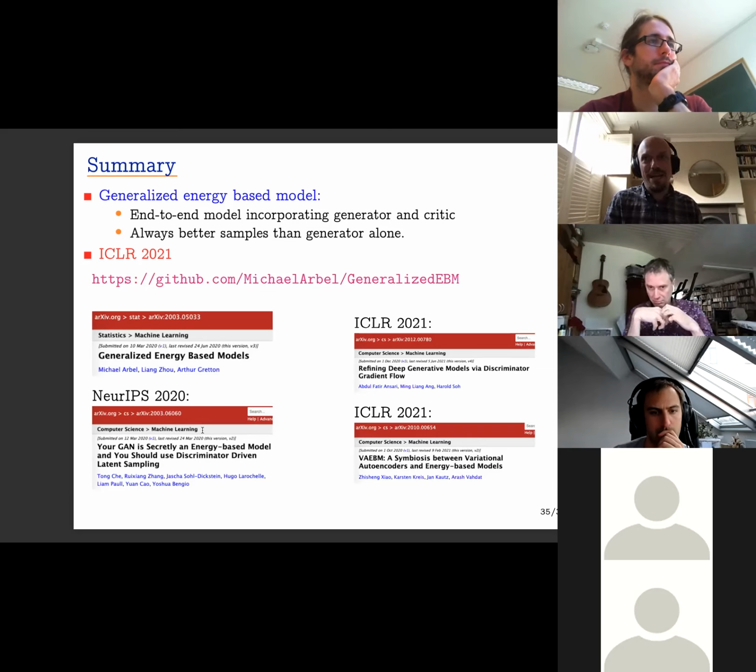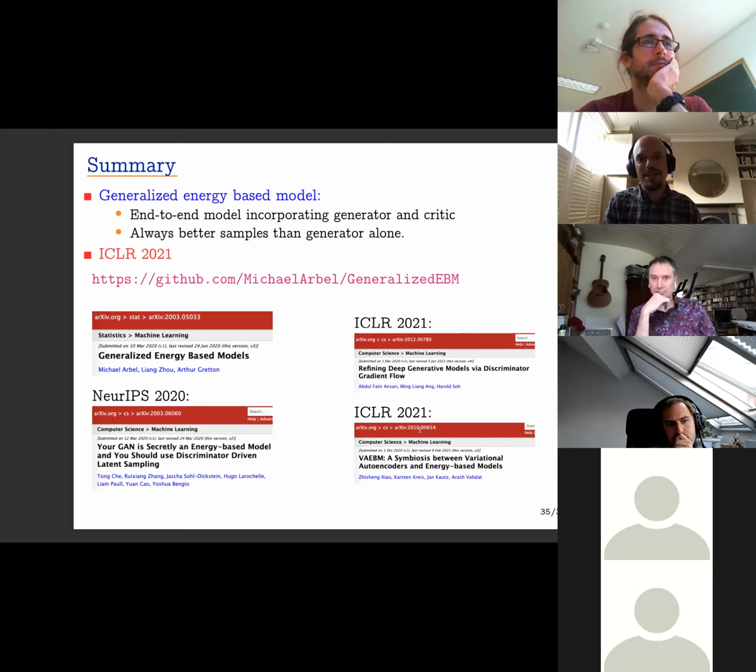This paper here by Mila in Montreal actually uses the Jensen-Shannon rather than the KL to get the energy function, but apart from that, same idea. And then these other two papers came out a little later, and they're building on this idea a bit further. So I think it's something that a lot of people have independently found works well.